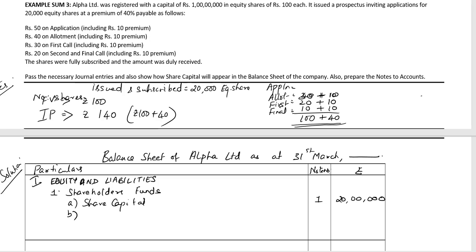B is for reserves and surplus. Against note number 2, the amount of securities premium reserve is rupees 8 lakh. And the total of the liability side of the balance sheet is 28 lakh rupees.